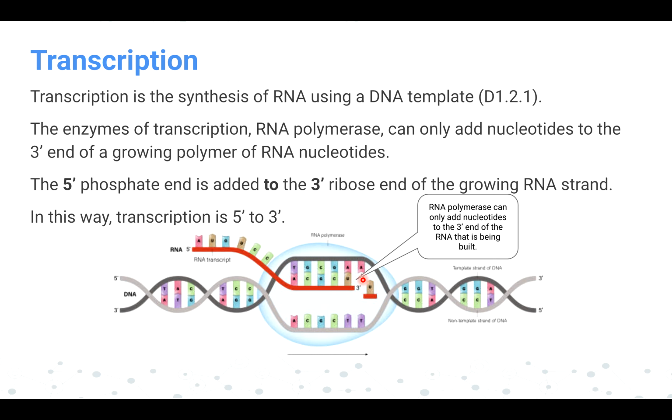You can add here only because the 5' is already occupied by a phosphate. You can't add anything else there. You can only add at the 3'. So the 5' phosphate end is added to the 3' ribose end of the growing RNA strand. In this way, the direction of transcription is 5' to 3'. You can see the diagram.